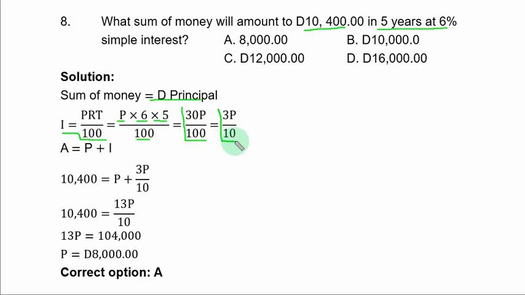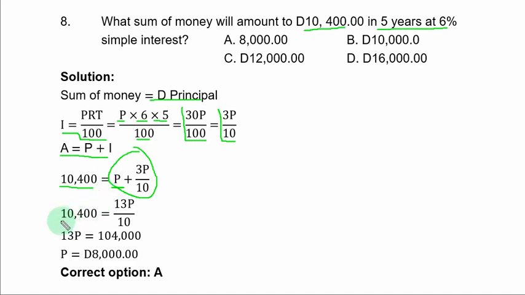That is the interest. Now, in simple interest, amount is equal to principal plus interest. Amount is 10,400. Principal is unknown. Interest is 3p over 10. So if you add these things together, you have 13p over 10.